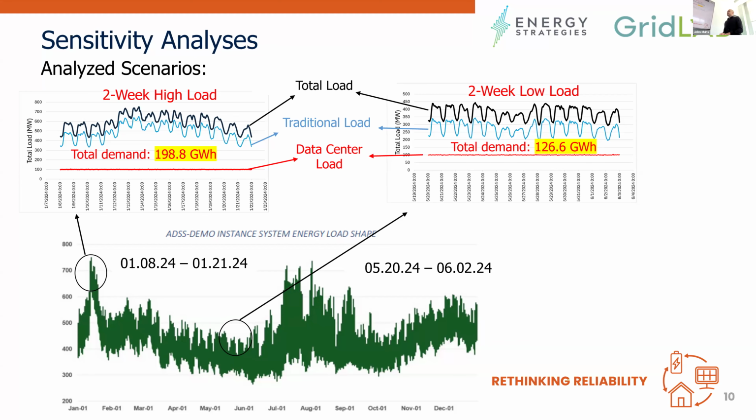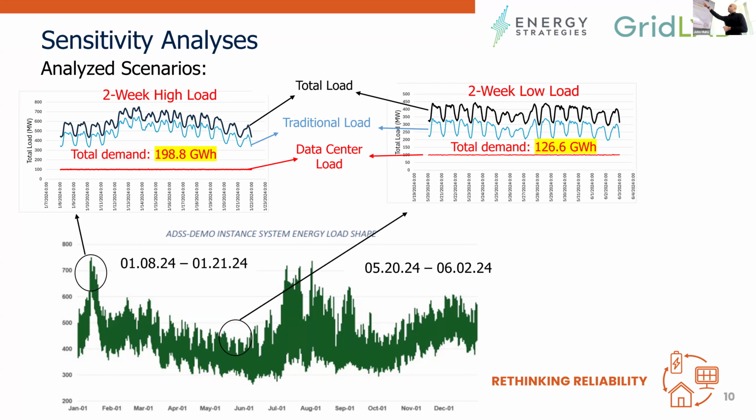For the sensitivity analysis, I first start by defining two scenarios. At the bottom, you can see the load profile and 2024 weather data that the demo system is using. We picked two scenarios, the first being a 2-week high load scenario, from the 8th of January to the 21st of January, 2024.